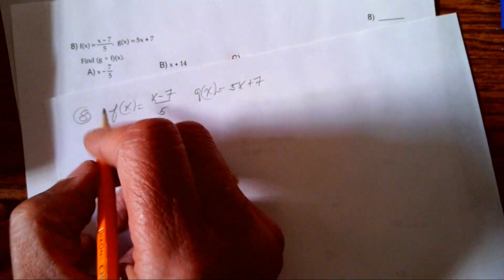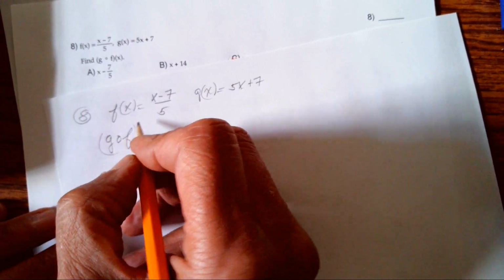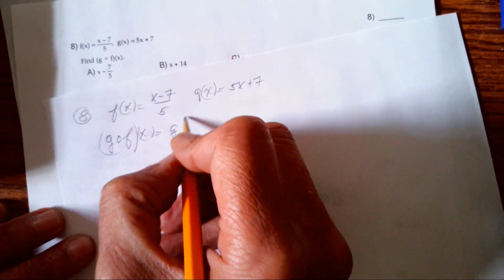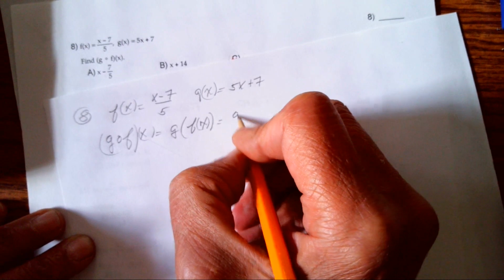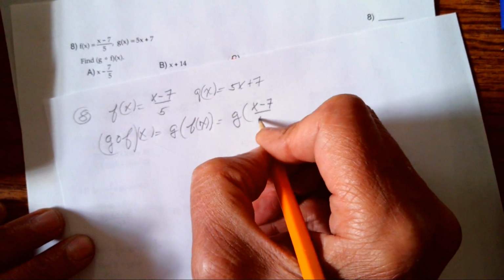And what does he want me to calculate? g composite f of x, which translates to g of f of x, which is g of x minus 7 over 5.